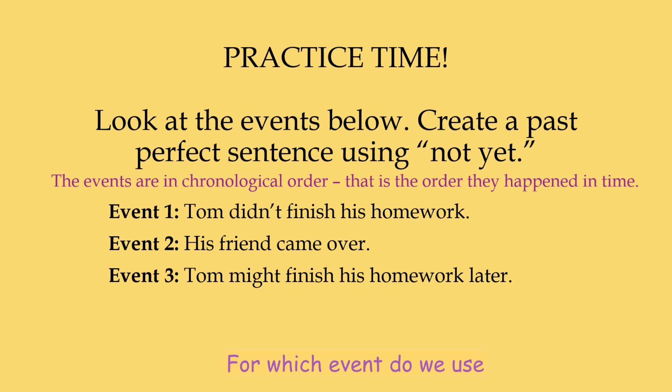For which event do we use the past perfect? The past perfect goes with the first event. So Tom didn't finish his homework is the part of the sentence that will be in the past perfect. Which event is in the past simple?